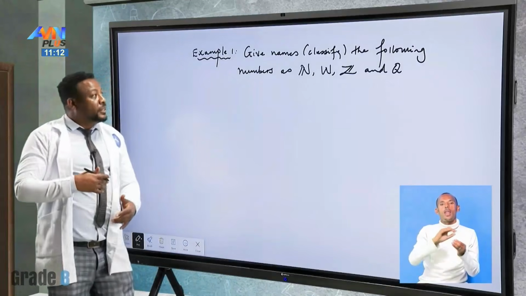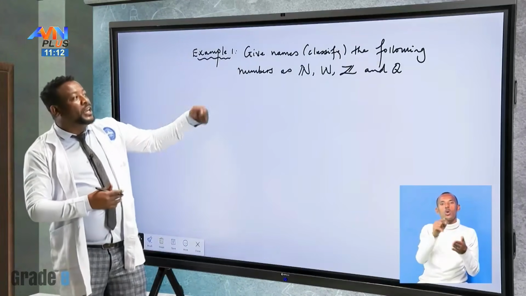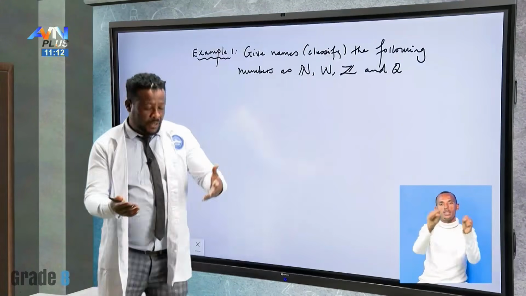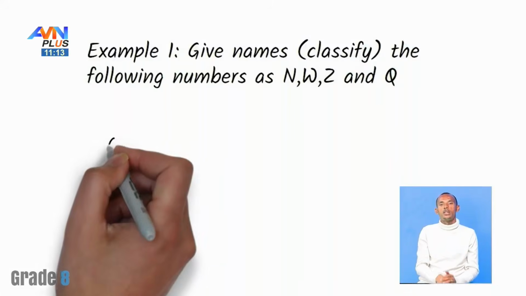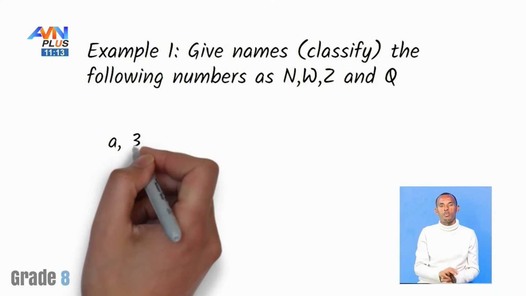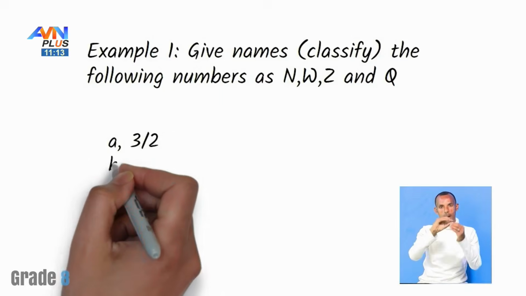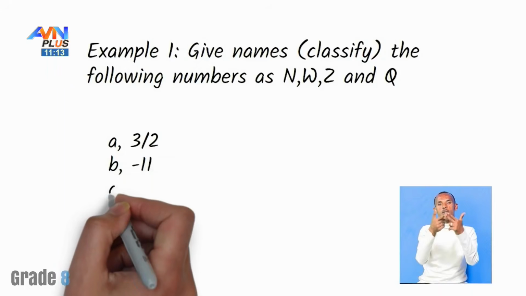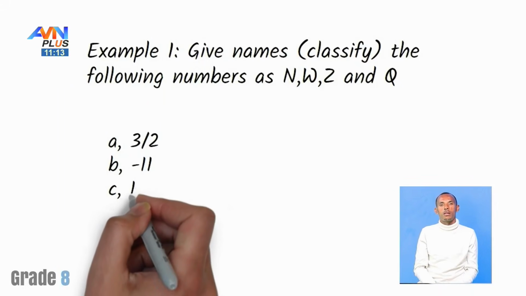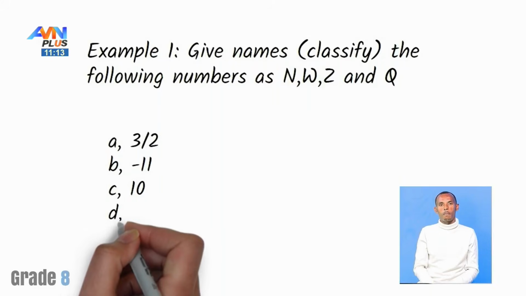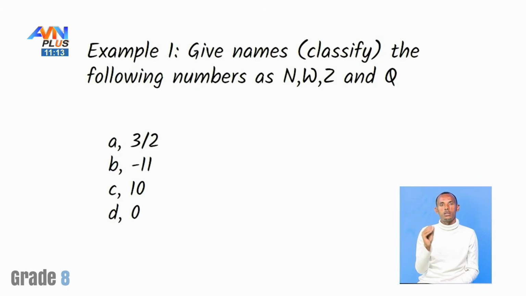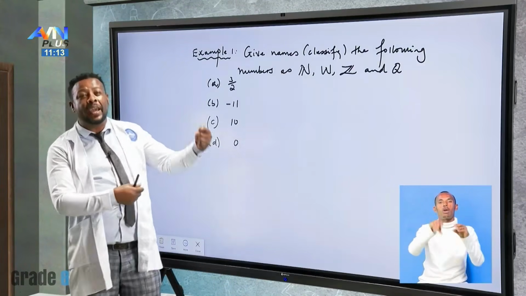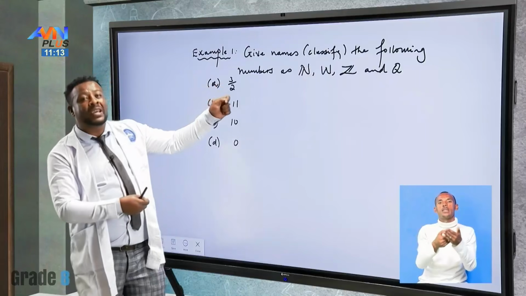For the numbers that I'm going to write here, you will give a name and classify the given numbers as these 4 sets. For example, take a number 3 over 2, another number minus 11. The third number can be positive 10, and 0.